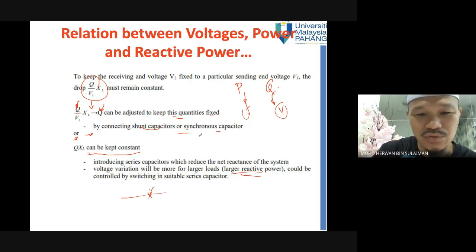When we want to control with a capacitor, we are controlling the reactive power, by implementing reactive elements, whether a shunt capacitor or a synchronous capacitor.